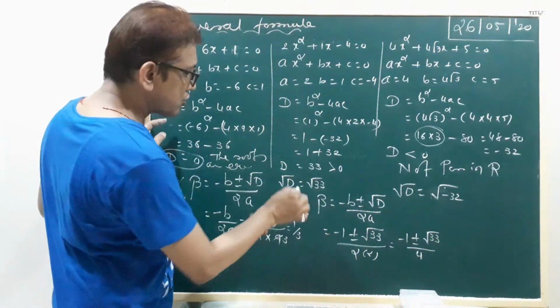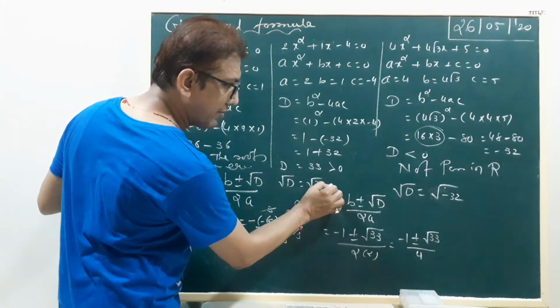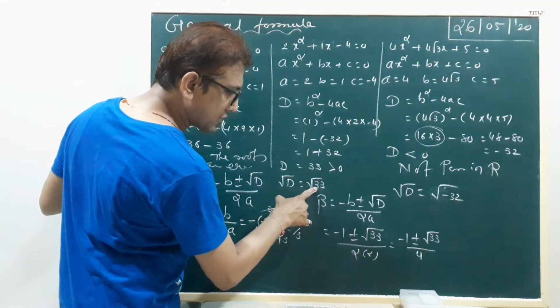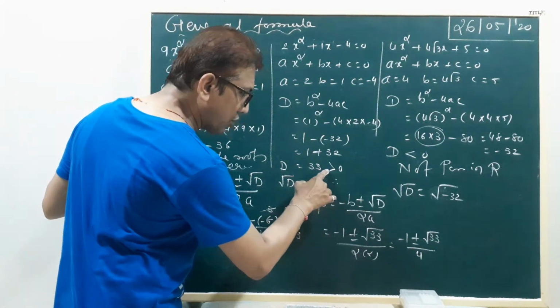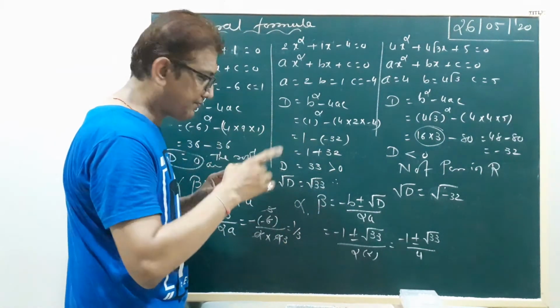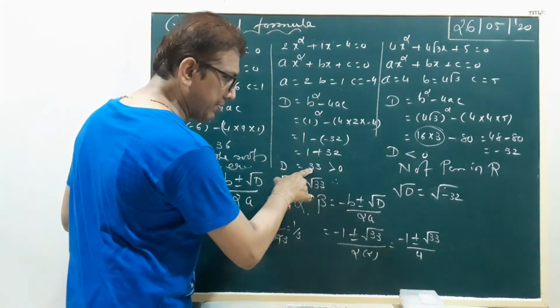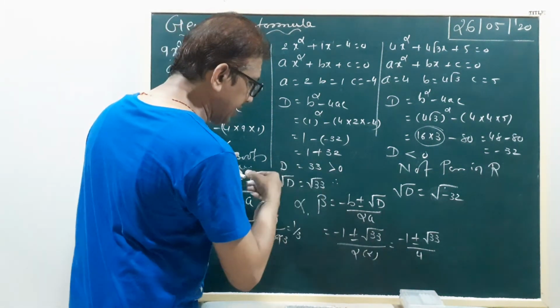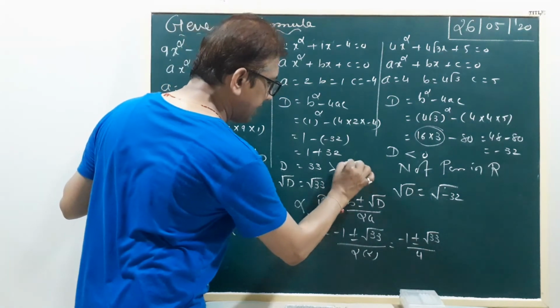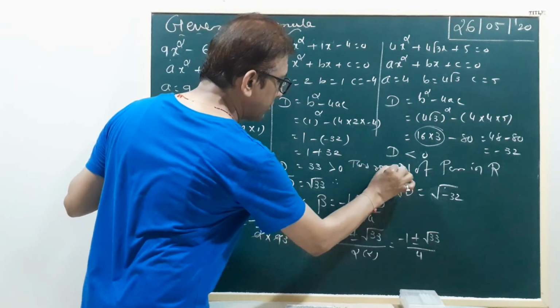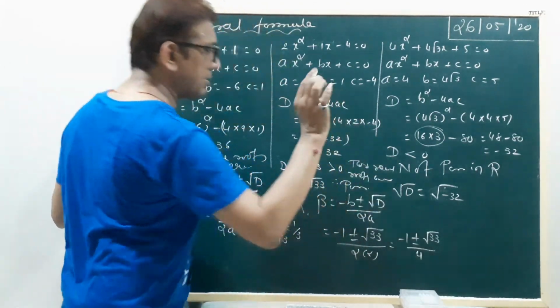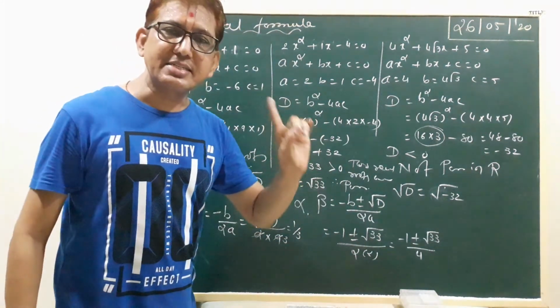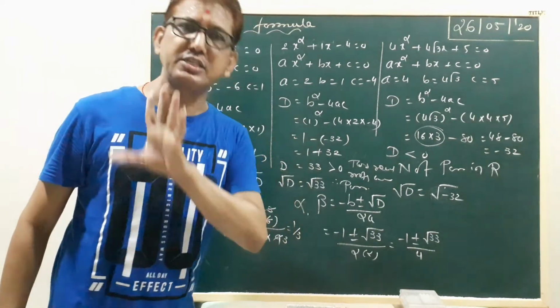Okay. So here root 33 is an irrational number. So here we write the statement. Here d is not a perfect square. So if d is greater than 0, look carefully, d equal to a positive number greater than 0, then we write: two distinct real roots are possible.